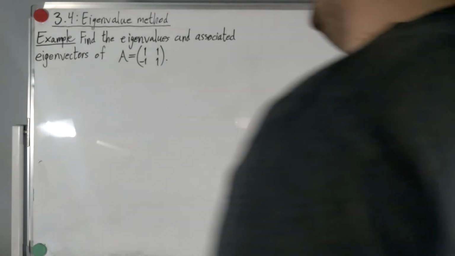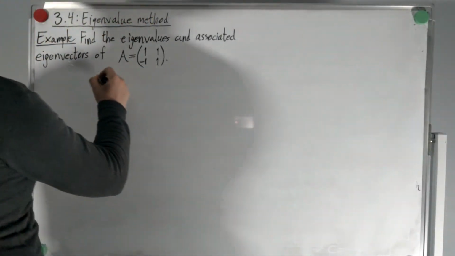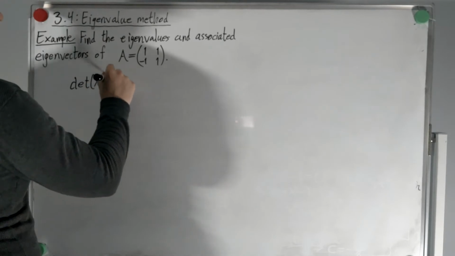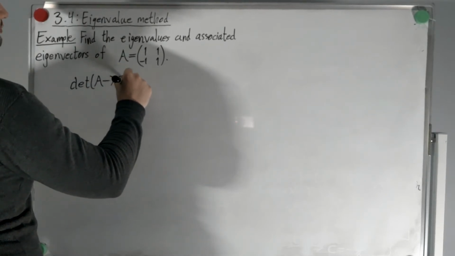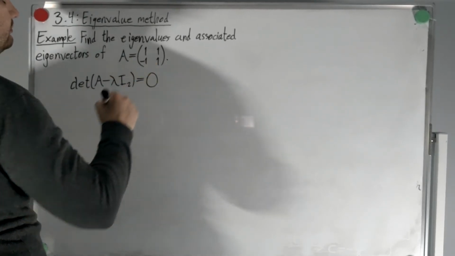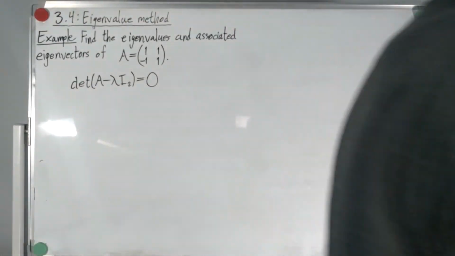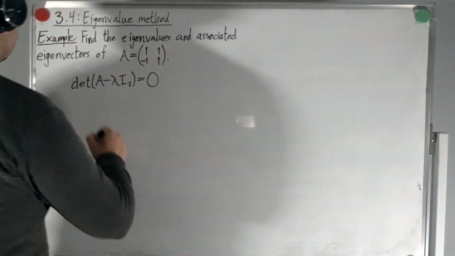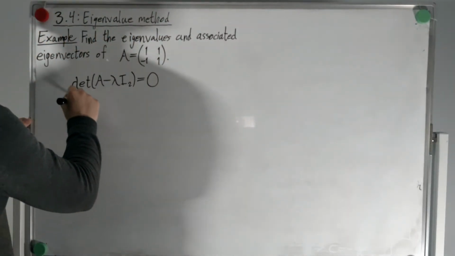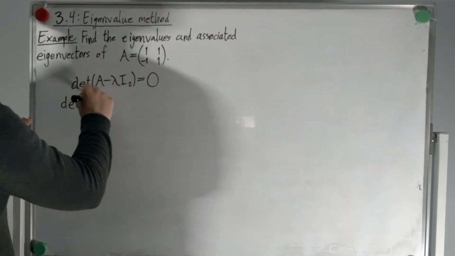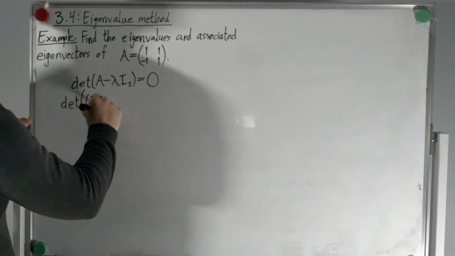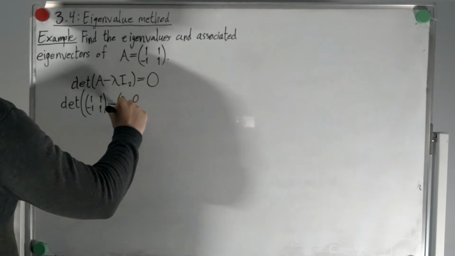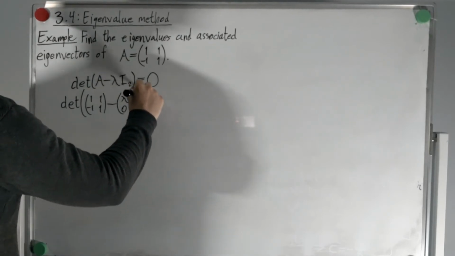All right, so what we've got to do is we've got to say the determinant of A minus lambda I2 needs to be 0. So this is the determinant of 1, 1, negative 1, 1 minus lambda 0, 0, lambda.